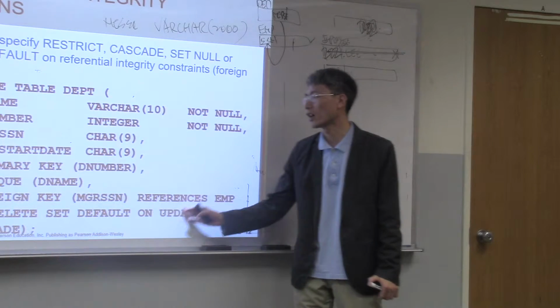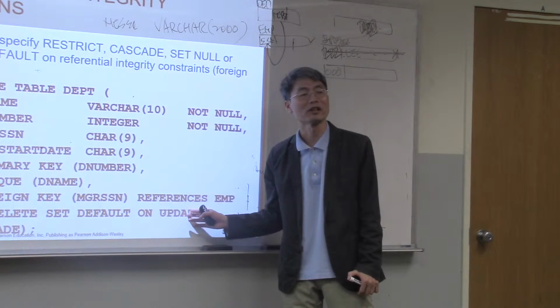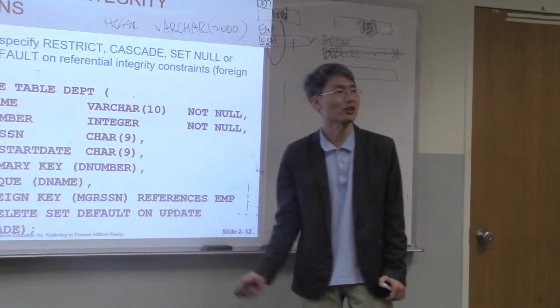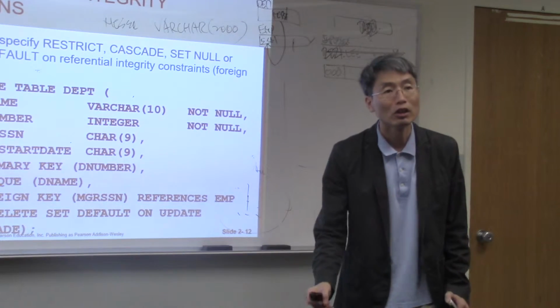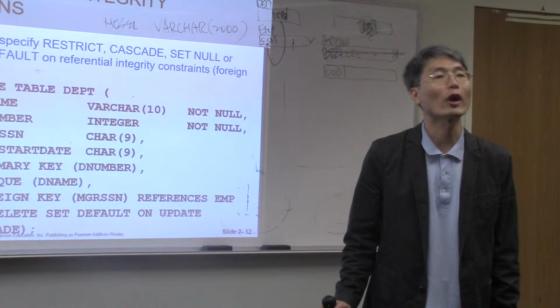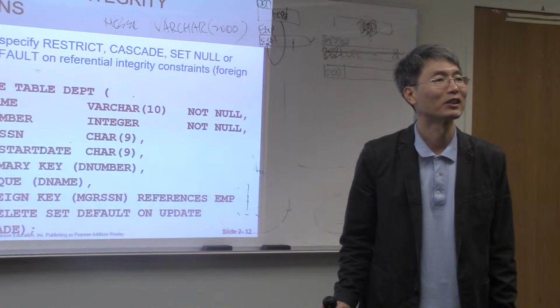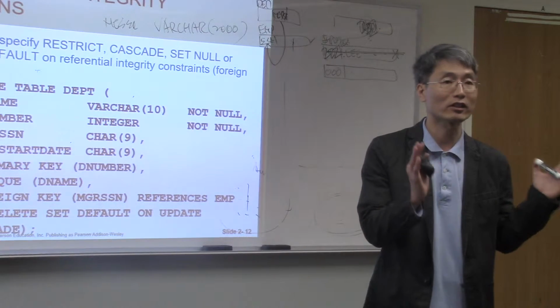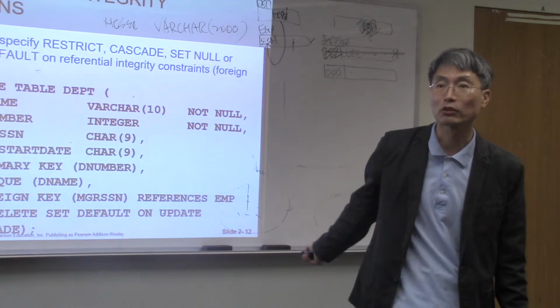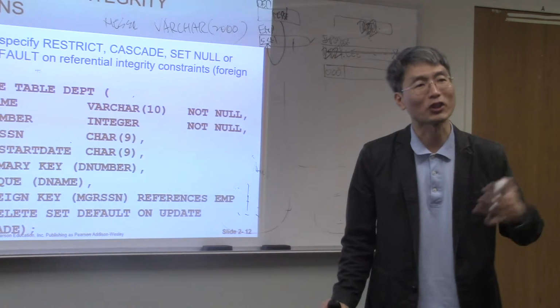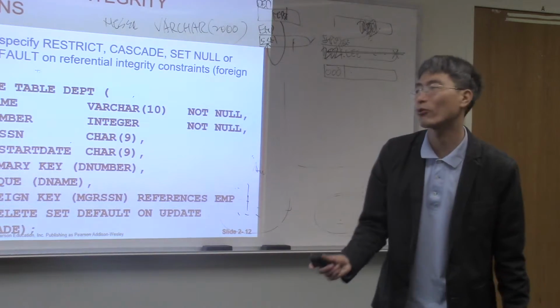So they do not specify the details of it. Instead, how can you manage such constraints? In your program, at your application level. If your database design is perfect, then you can use this one.